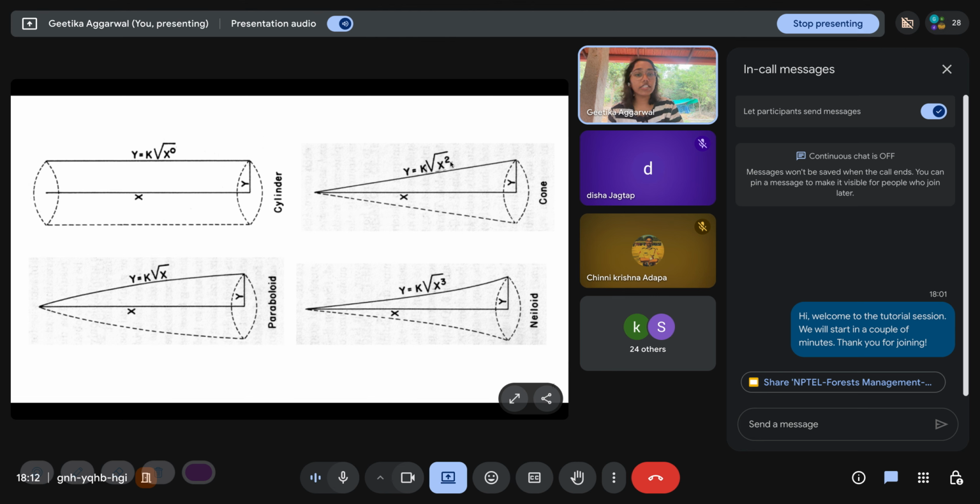Basically, if you take the under root of x square, it will be x, so y is equal to kx. Here y is equal to k root of x. Because y square is equal to kx, as we saw in the first slide, and here y square is equal to kx cube. So this is how different formulae are followed for these different shapes for relating the radius or the diameter with the height.